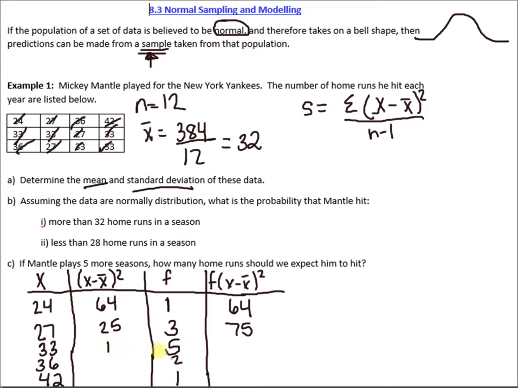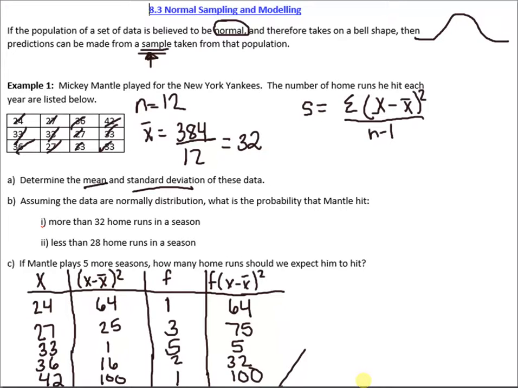Square that, we have 1 times 5, which is 5. 36 minus 32 is 4. Square it, we get 16. So 16 and 16 is 32. Then 42 minus 32 is 10. We square that, we get 100. 100 times 1 is 100. That was a very nice set of data.